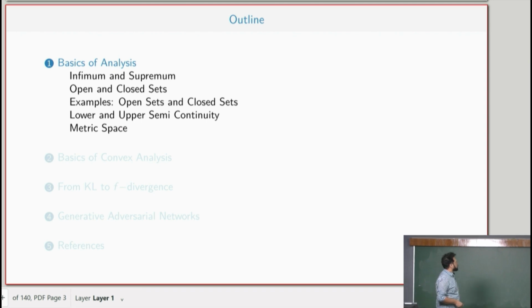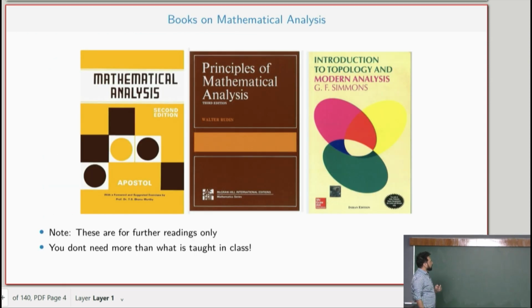So we will start with basics of something called mathematical analysis. And these are the basic books on mathematical analysis by Apostol, by Rudin. This is also called Baby Rudin. And then you also have classical ones by Simmons, Topology and Modern Analysis. As I said, these are only for further readings.